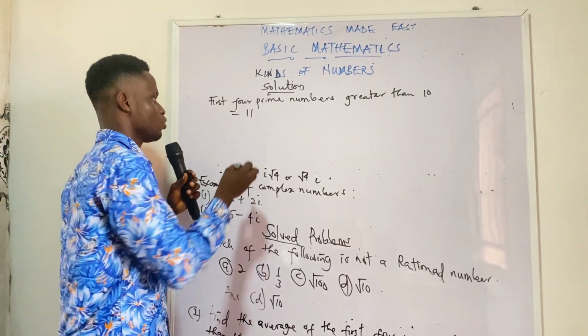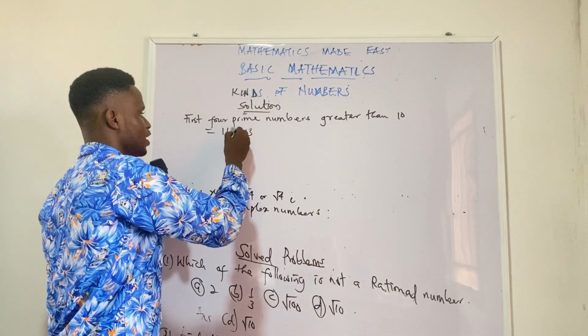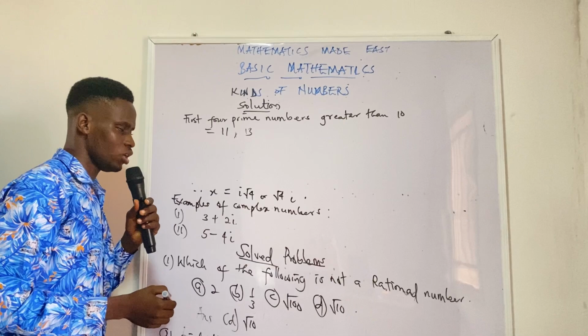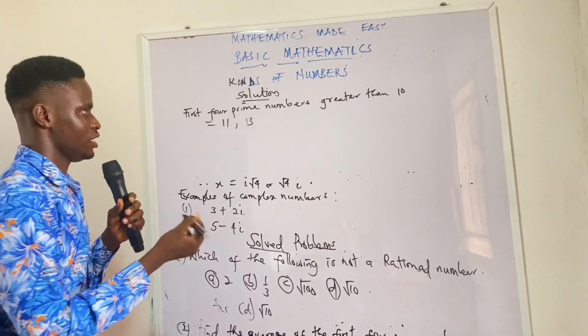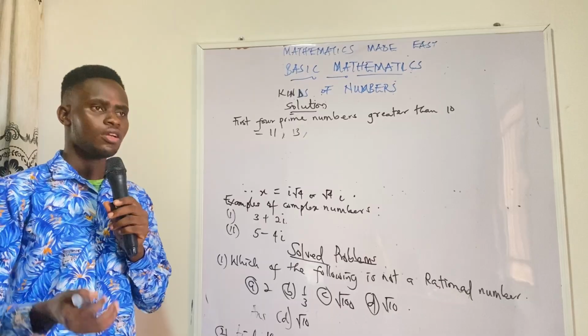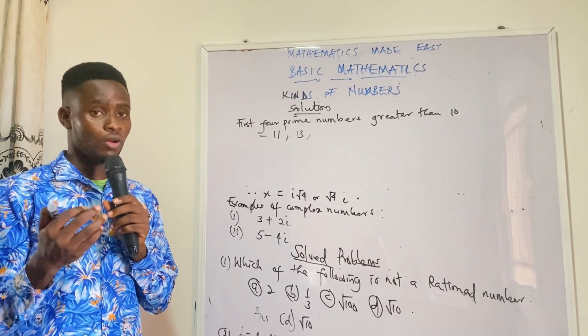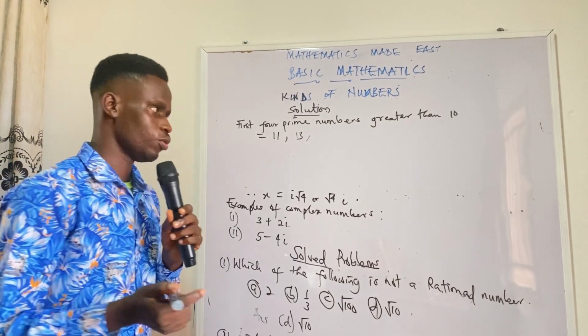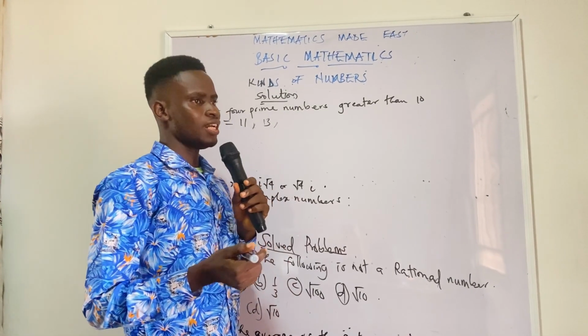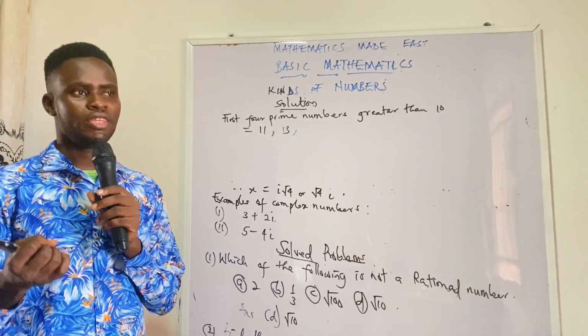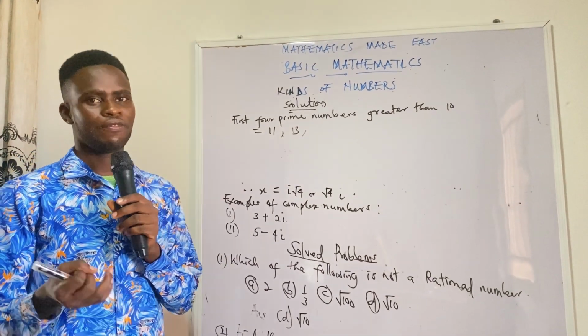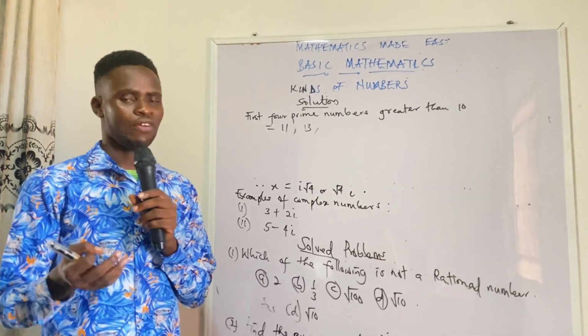So the next one we are going to consider is 13. If you check 13, it only has 2 factors, 1 and 13 itself. If you consider 15, it possesses more than 2 factors. What are the factors of 15? 1 will divide 15, 3 will divide 15, 5 will divide 15, and 15 itself.